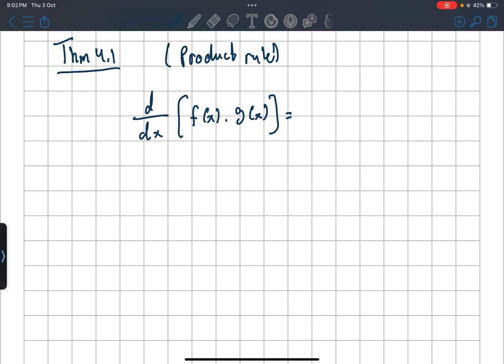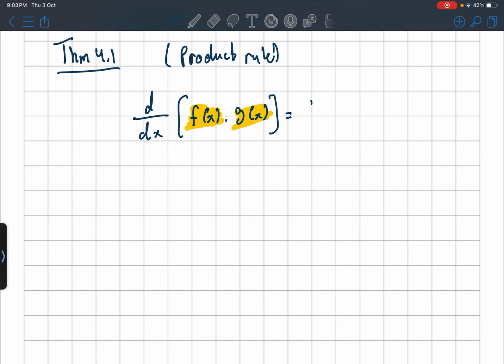In this case you have to get the derivative of the first one, f(x), times g(x), plus f(x) times the derivative of g(x).